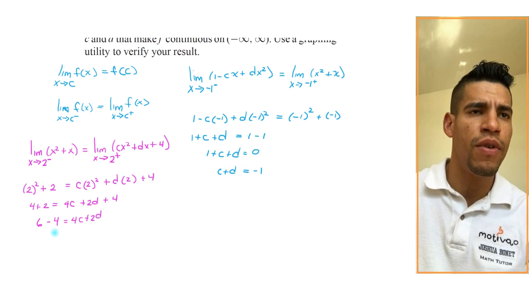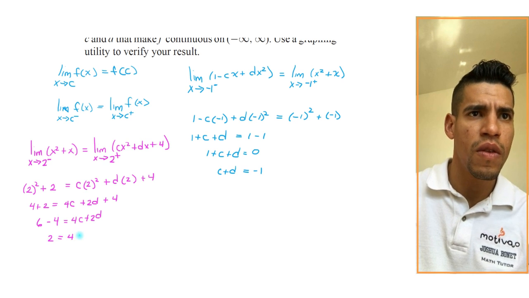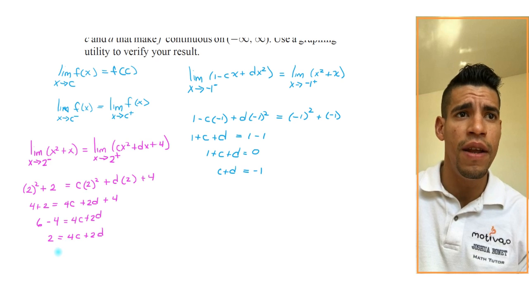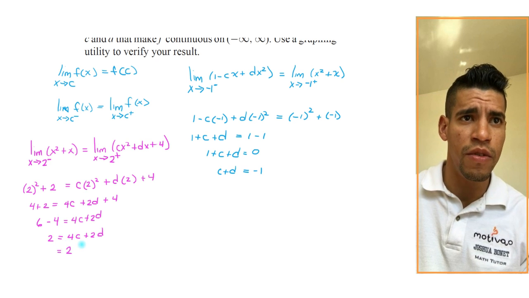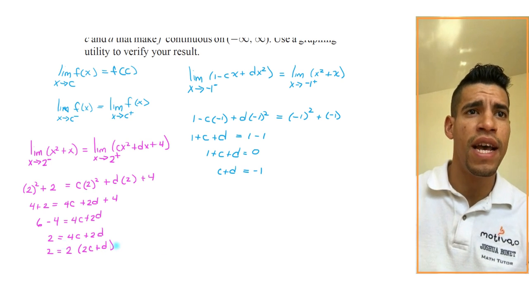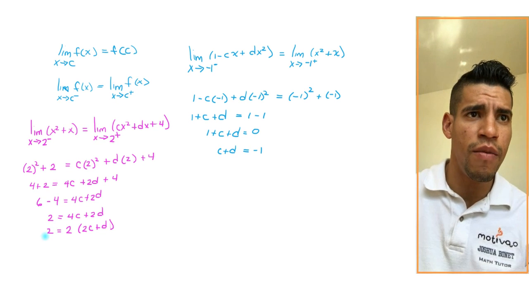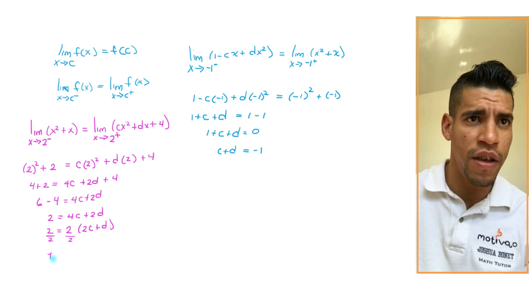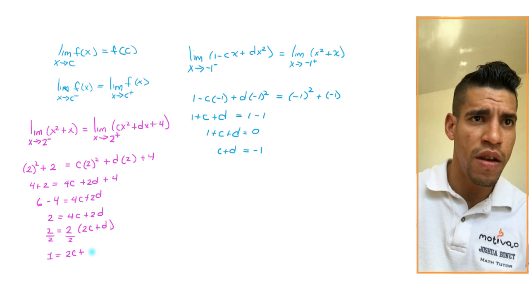So 6 minus 4 is 2. Now notice that we can factor a 2 from the right side. So 2 becomes 2c plus d. And then we can divide by 2, and then we have 1 is equal to 2c plus d.